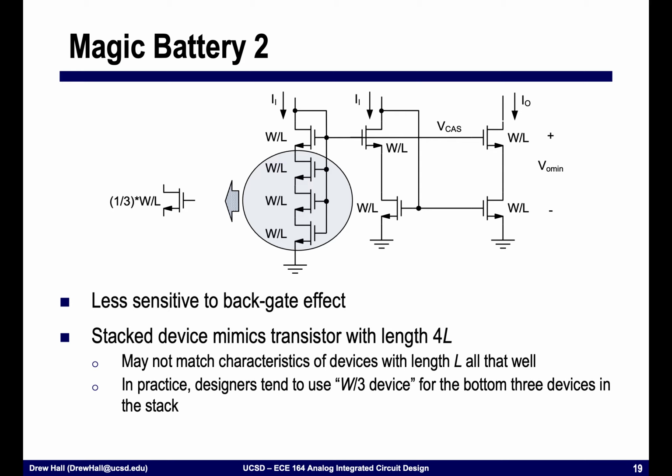Typically you'll stack unit devices, and then we can combine the bottom device here and make it a 1/3 W over L. This is a nice structure in the sense that it mitigates some of the backgate effect and gets us a little bit closer towards generating this voltage.